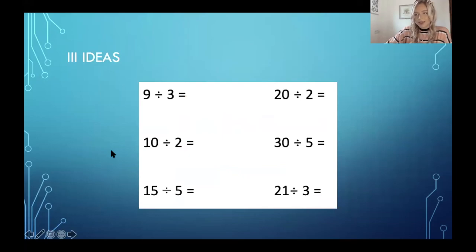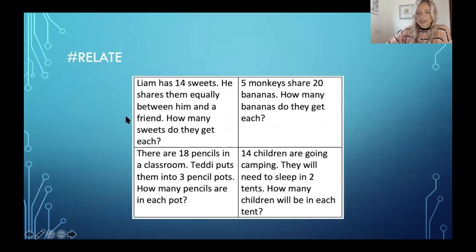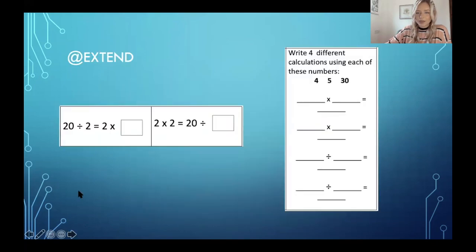If you're doing few ideas, then make sure you draw the bar model for each of these calculations and write down your answers. If you're doing relate, then have a go at answering these word problems. Make sure that you draw the bar model for each of these. And if you're doing extend, the questions are a little bit different.